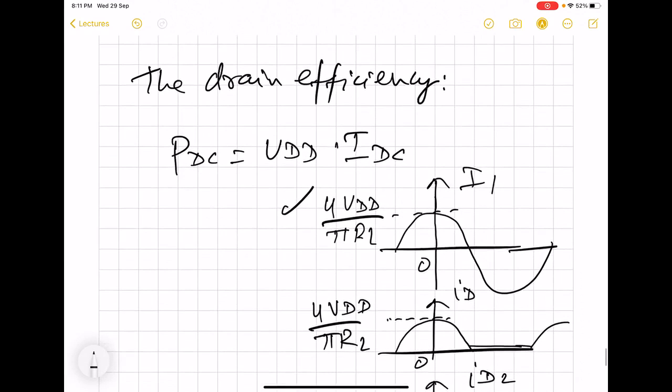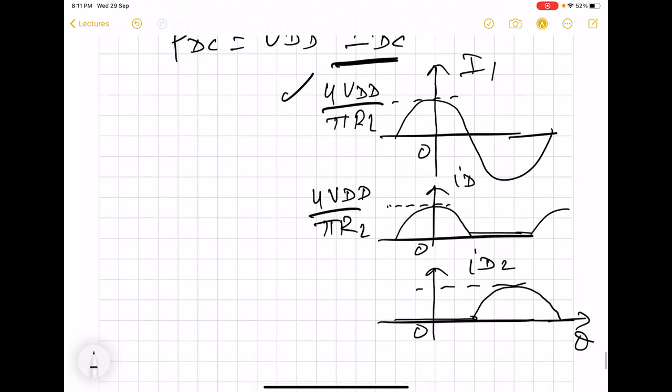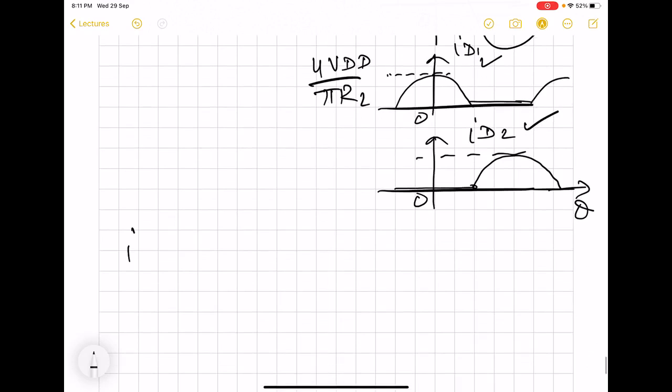So DC is actually going to be the DC of either ID1 or ID2. So for this case, we have already seen that the DC is going to be its IP, the peak value, divided by pi.